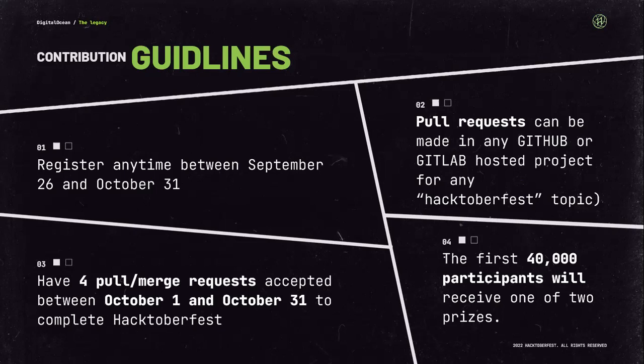Okay, so there are some requirements. You have to merge, like if you create an issue, you make 4 changes at least from October 1st to October 31st. Then you are eligible for Hacktoberfest and you complete Hacktoberfest. Congratulations. But there is one more thing you need to keep in mind.